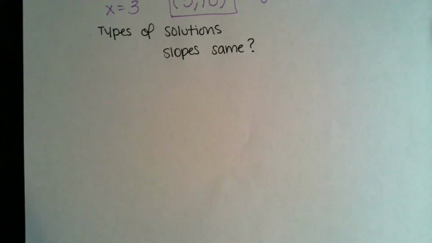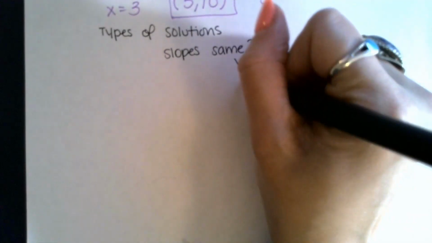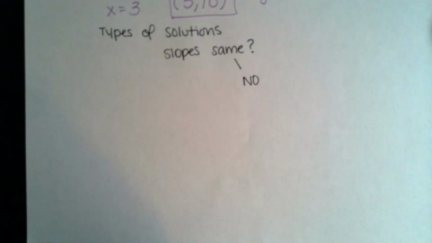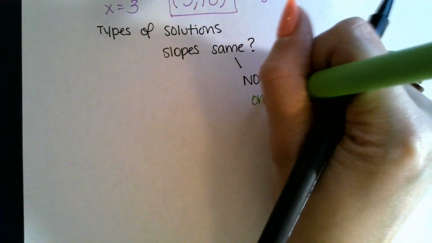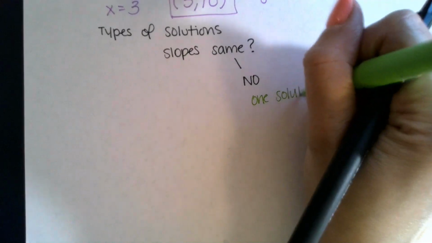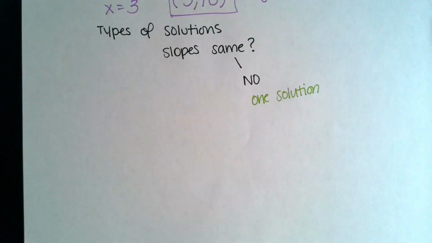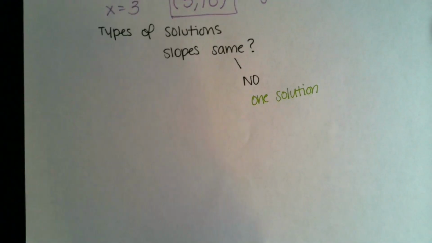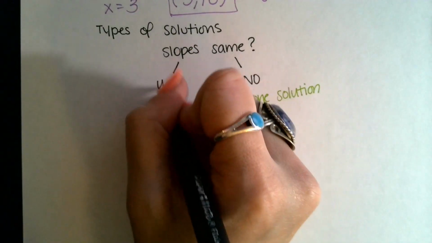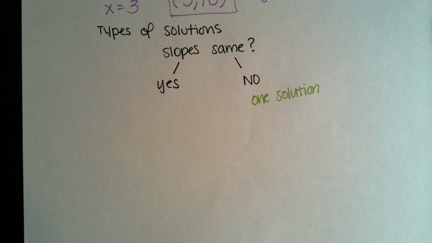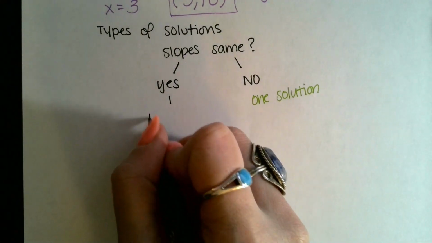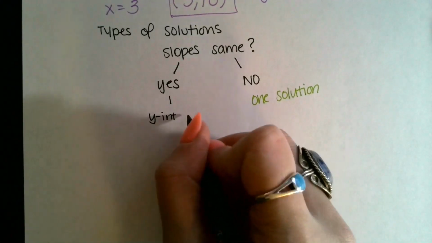You ask yourself if the slopes are the same. If the slopes are not the same, then you have one solution. If the slopes are the same between your 2 linear equations in your system, then you have to compare your y-intercepts.